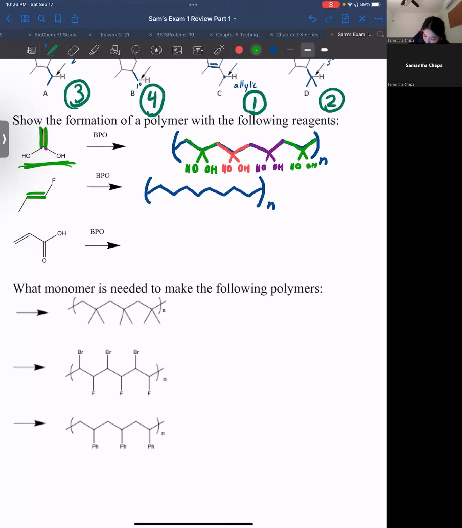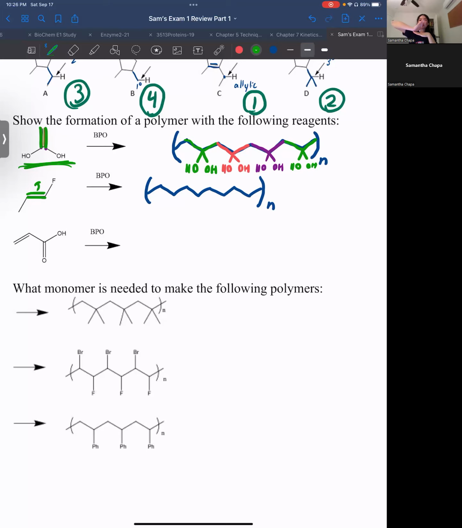I'm going to break the green bond. This is not what's actually happening, but this is how I picture it. So it's laying down like this, and I'm going to break one like that. Okay, this is how it is. Just look at me. I'm going to break the double bond into a V shape.